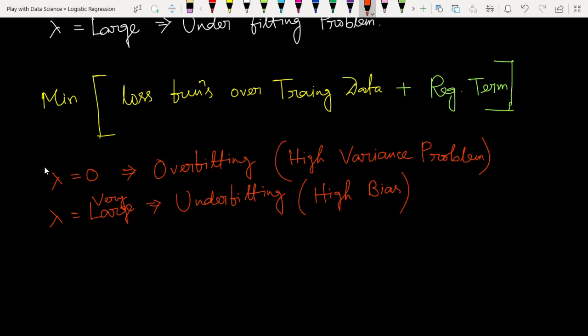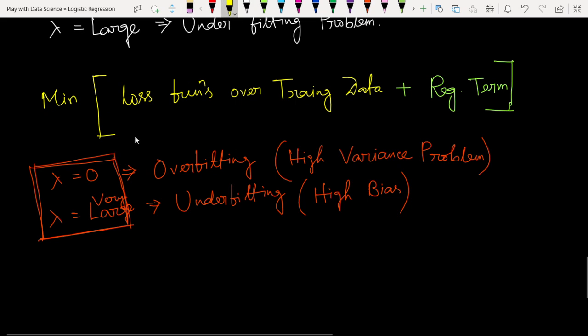Now the main thing is that we have to find that lambda. We have to find the lambda in such a way that our model is not overfitting and also not underfitting. So how to find it?